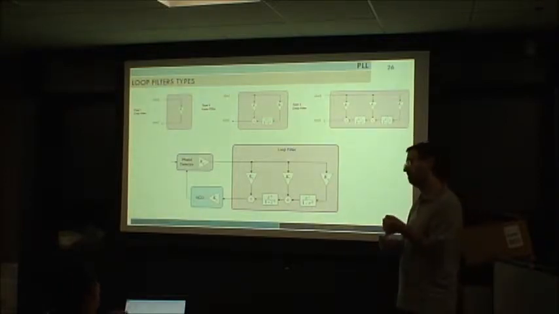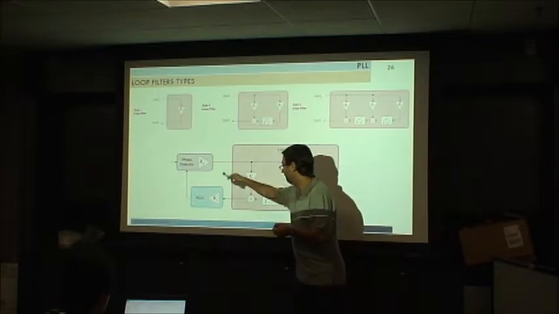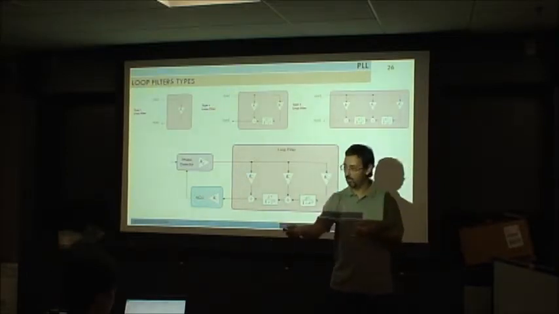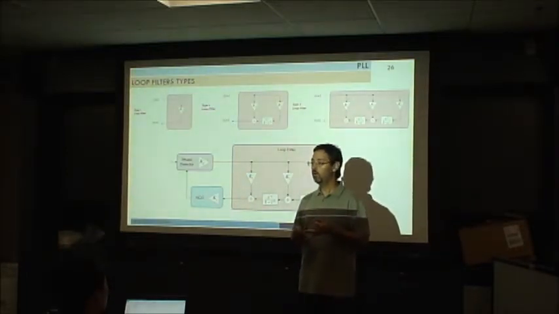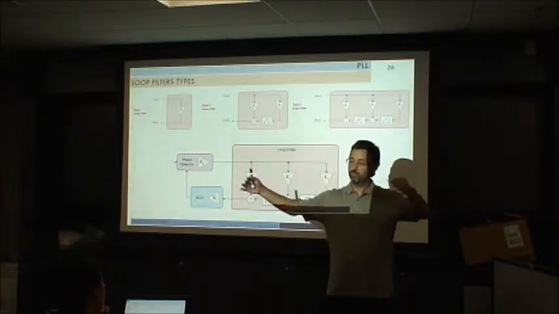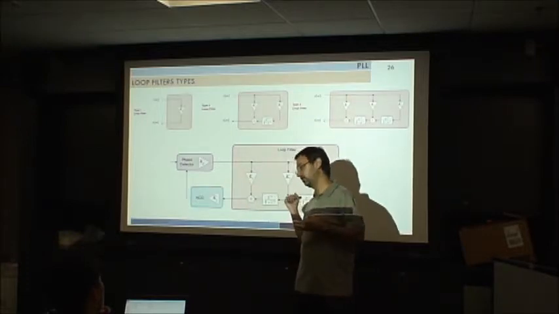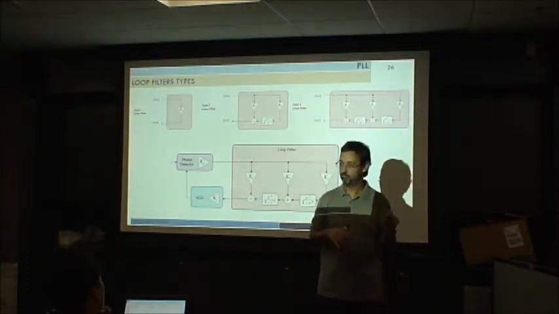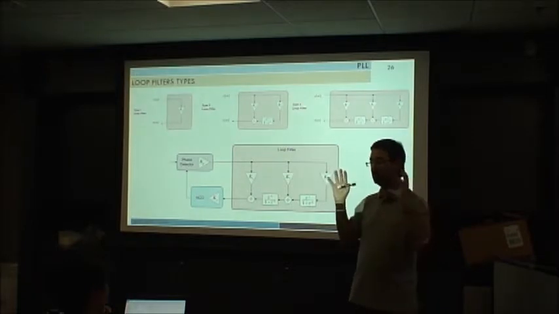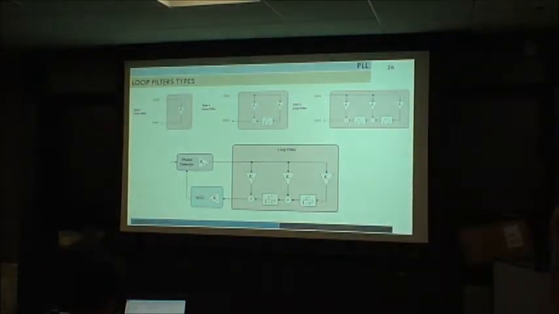So how fast? This is some of your questions. Depending on this design, we'll see how fast the PLL locks, or what kind of signal this PLL can follow. If the phase offset is huge, maybe it cannot follow, or maybe it can. That is called the bandwidth of the PLL, and it depends on the design parameters.